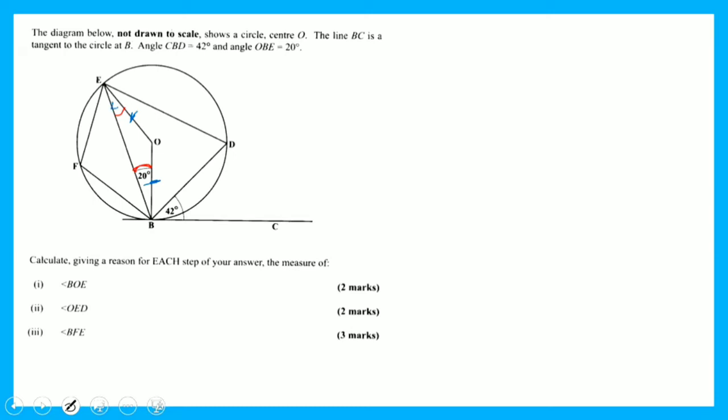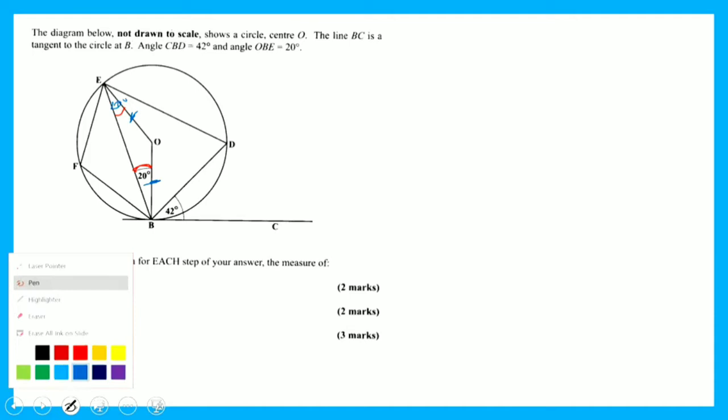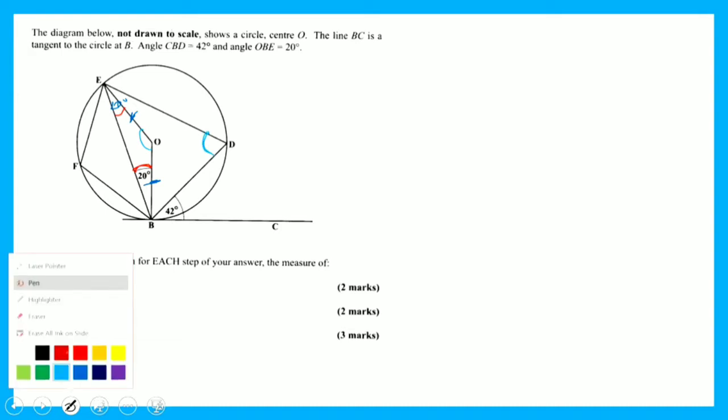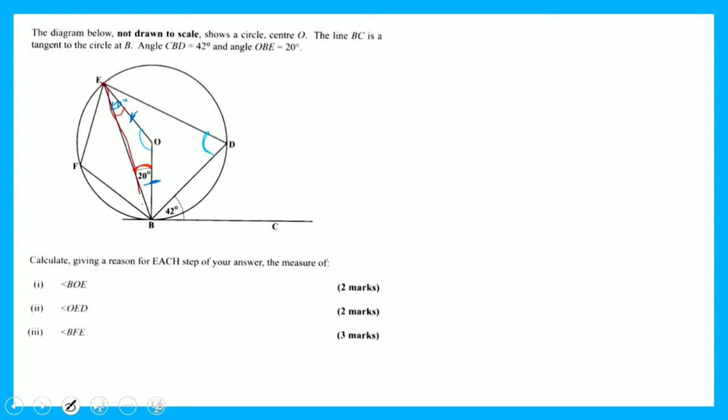So this part would also be 20 degrees. And if we know those two angles, we can easily know the third angle in that triangle BOE, the one formed at the center. And if we know that angle, then it's easy for us to find the one formed at the circumference. They're both on this same chord, the chord BE, or the arc BE.